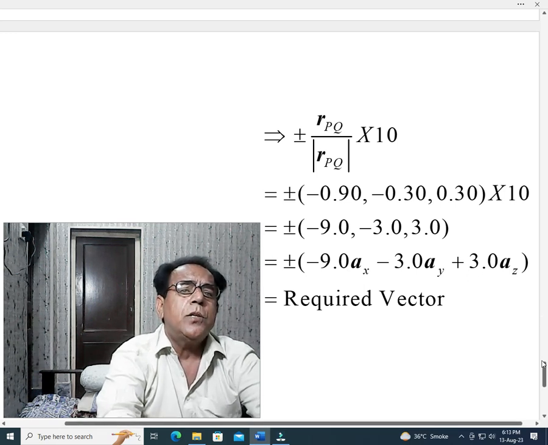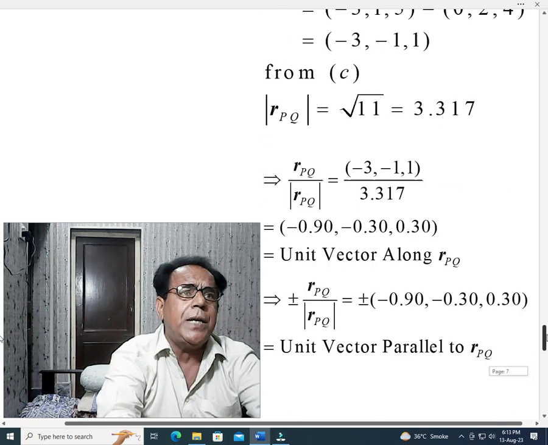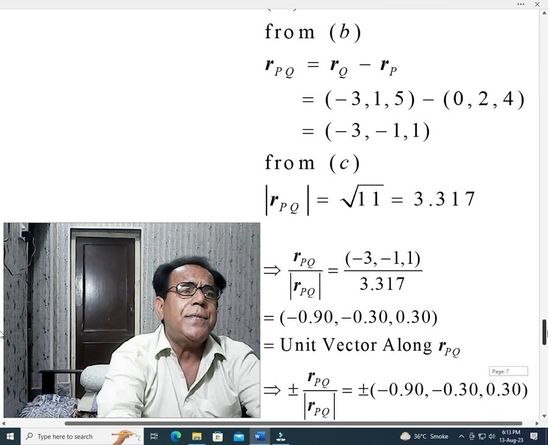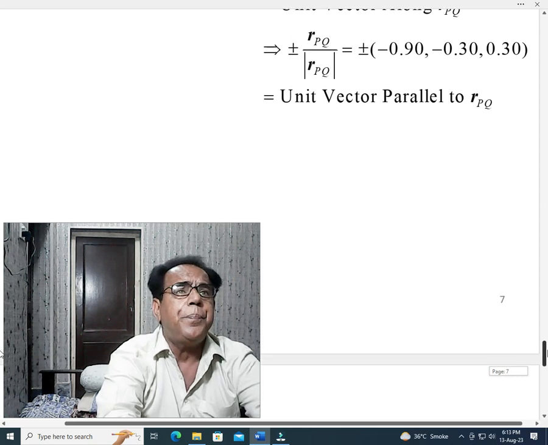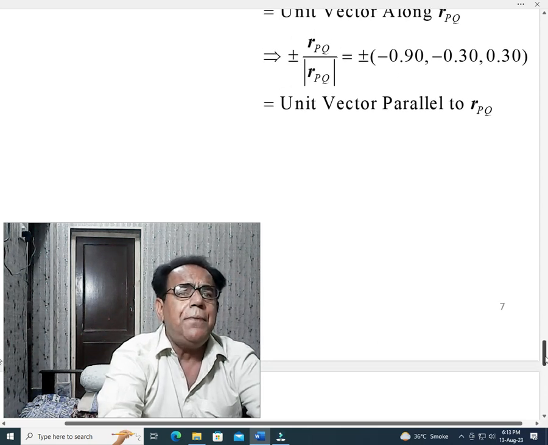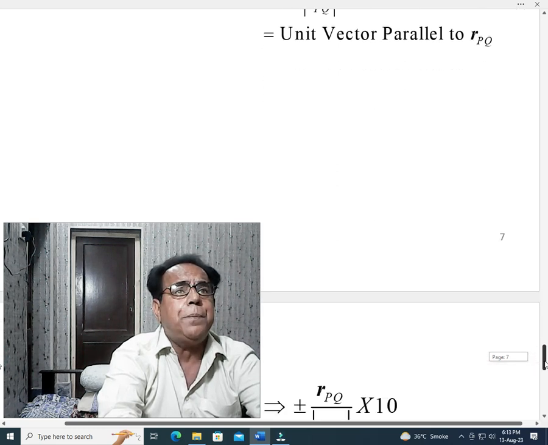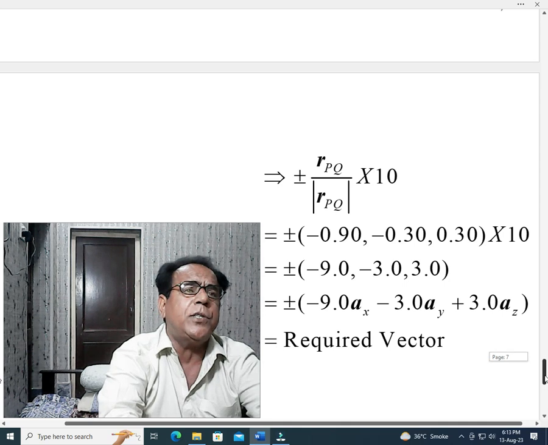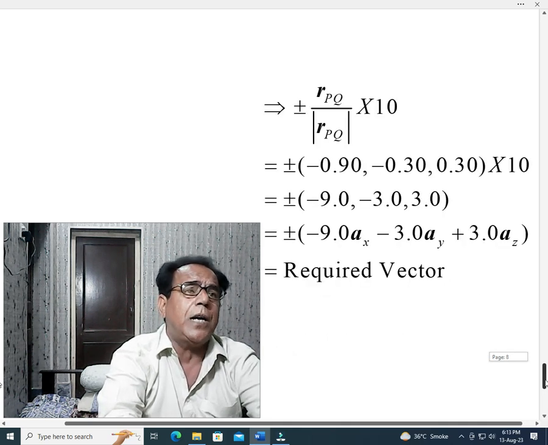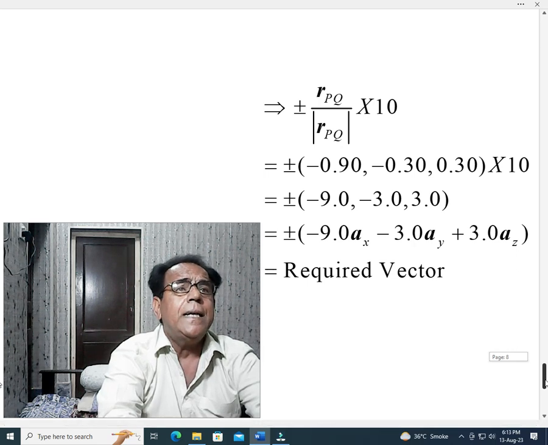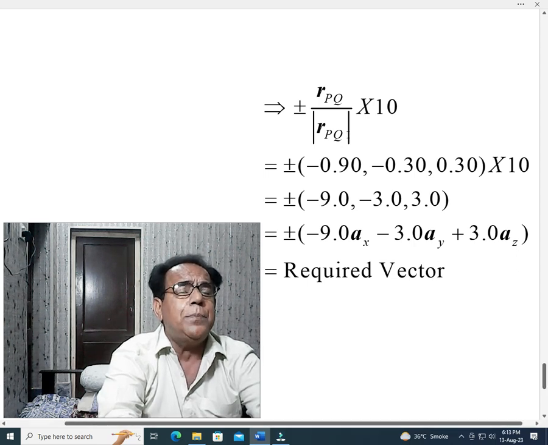So the procedure we have adopted: first we found a unit vector along PQ, then we found a unit vector parallel to PQ by adding the plus minus sign, because the parallel situation requires a different formulation. Then that unit vector is multiplied by 10 because 10 is its magnitude.